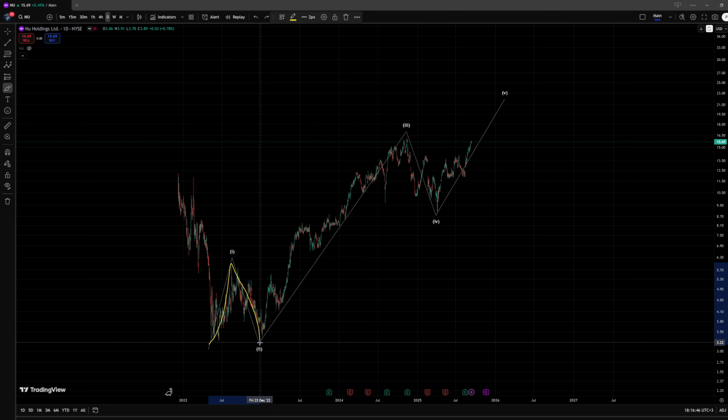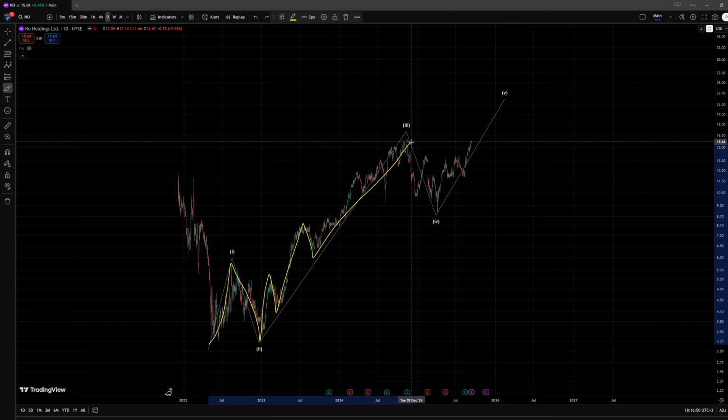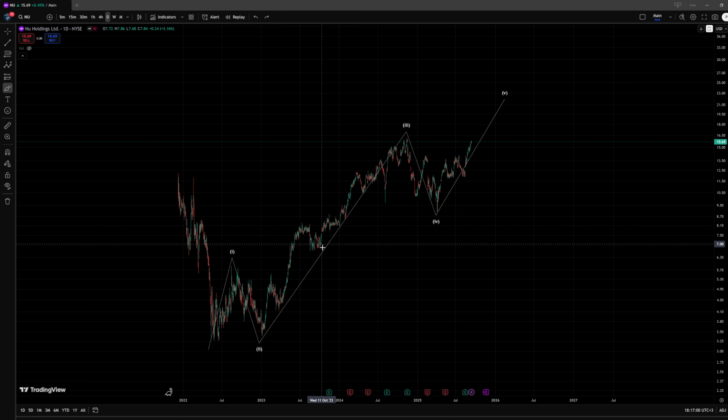But in this 3rd wave, I could see this being a 1, 2, 3, 4, 5 pattern, where the wave 5 is actually the strongest, and that is not necessarily the most common. We usually expect the 3rd wave to be the strongest and most impulsive wave, but at times, the 5th wave or even the wave 1 occasionally can be the strongest and the largest.